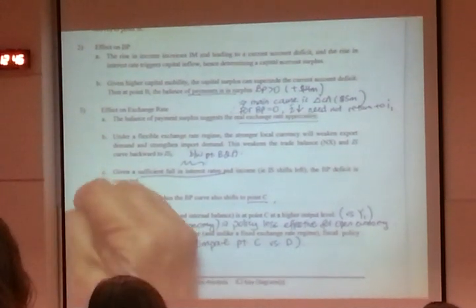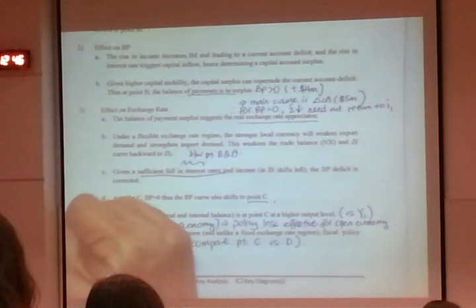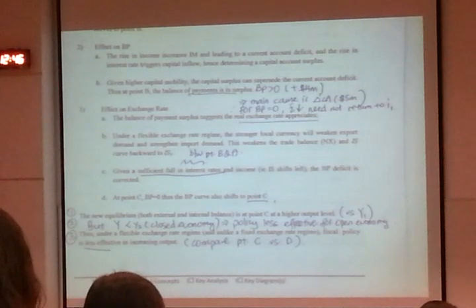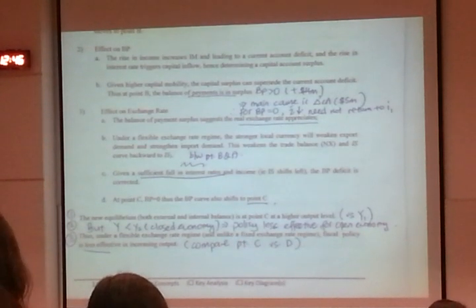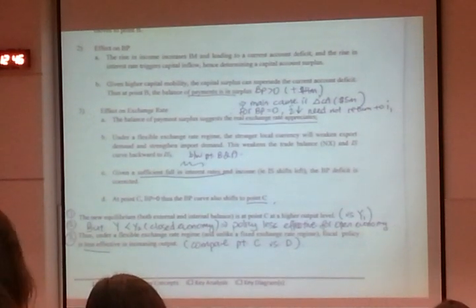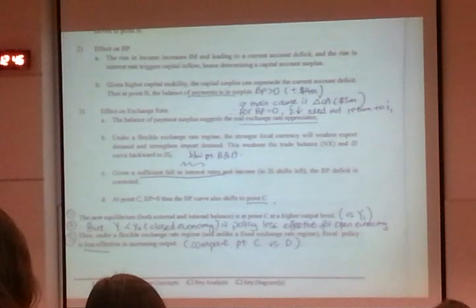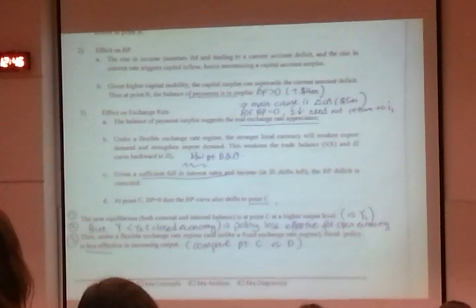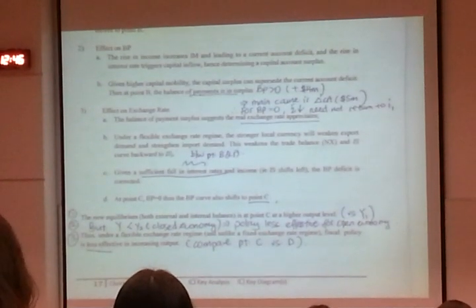So in other words, there are 3 levels of comparison. To say whether policy works or not, you can compare with just original output, that's the easiest, that's number 1. Or you can compare with closed economy, still works but not as good. Then the 3rd level is to compare exchange rate, which is actually the toughest.